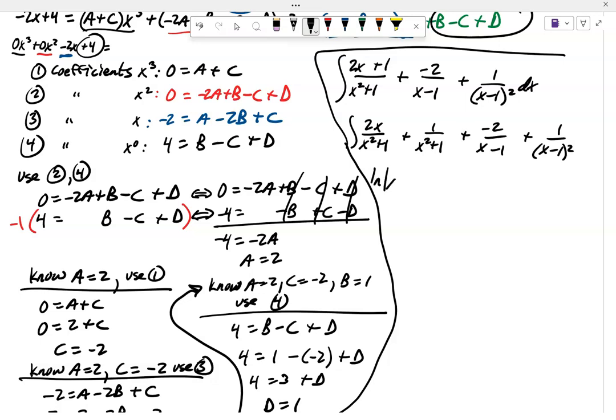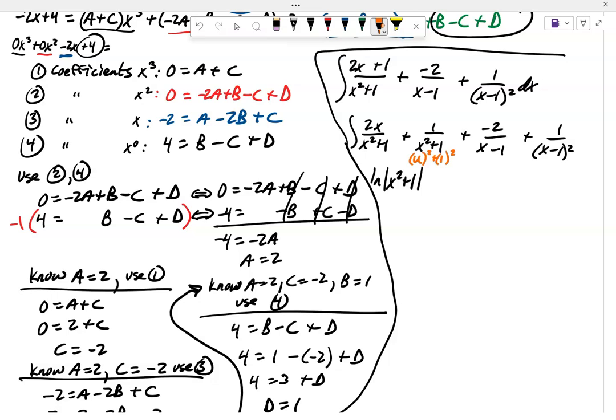And so we got the natural log of x squared plus 1. This is my u, there's my u, there's my a.